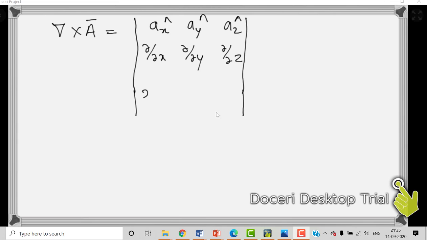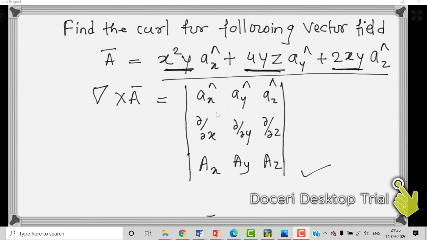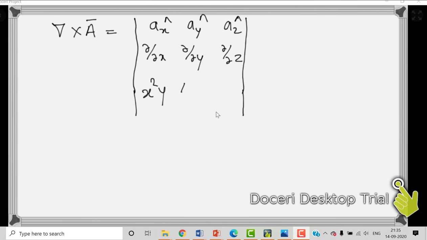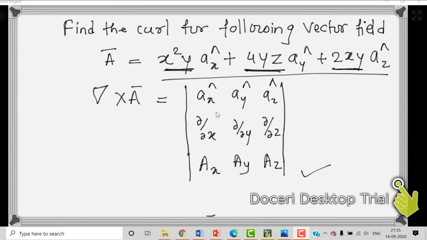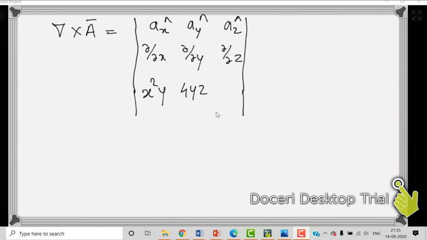And what is the Ax component? x square y. And what is the Ay component? 4yz, and the Az component is 2xy, 2x into y. So let us find out whether we can solve this.